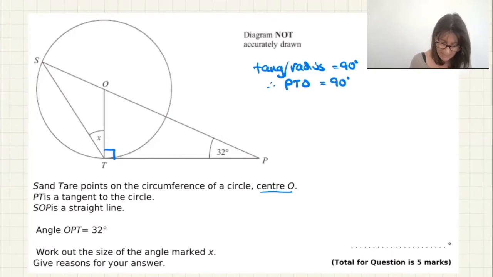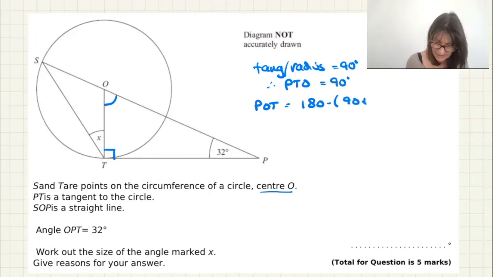I am now able to find angle POT. So POT is going to equal 180, take away my 90 plus 32. Okay, that's going to equal 58. And the reason for that is triangles equal 180 degrees.